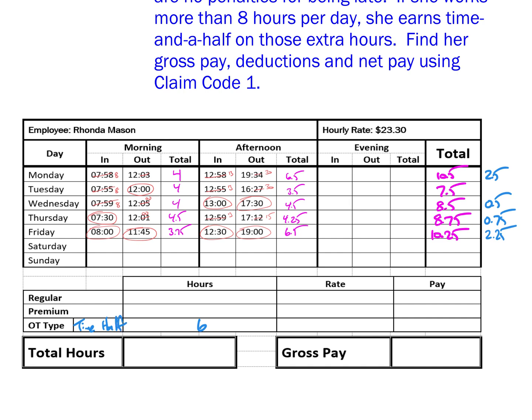Regular hours, well, 8, 8, 8, 8, and 7.5. So 4 eighths is 32, plus 7.5 is 39.5. Combine that with the 6 and you get 45.5 regular hours. The regular rate is $23.30.